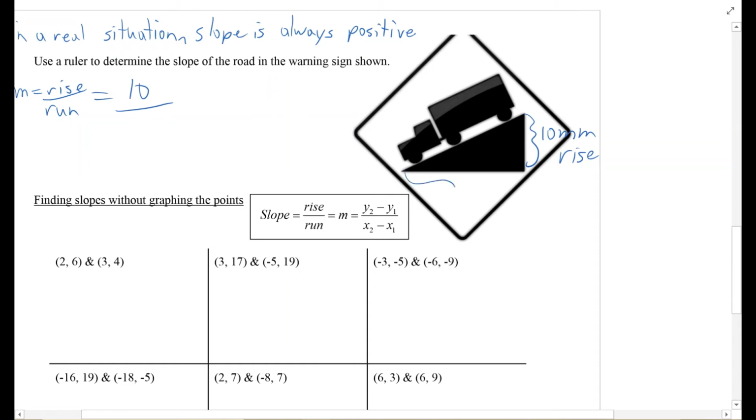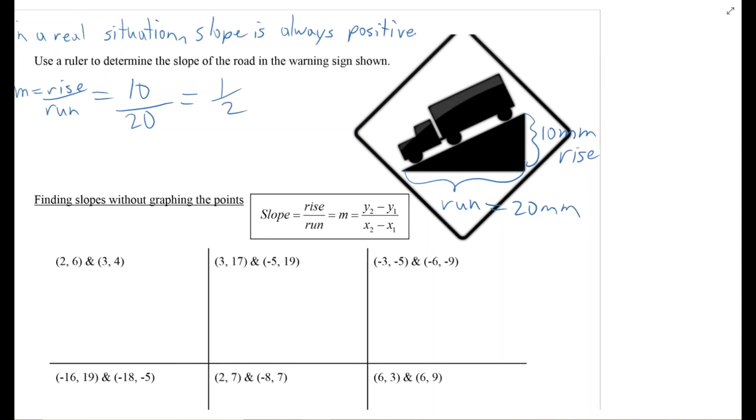And you would measure this here, your run, and you would see that would be 20 millimeters. And so your slope of 10 over 20 becomes a slope of 1/2. Okay. And so in a real world situation, you wouldn't worry about positive or negative slopes. It's always positive.